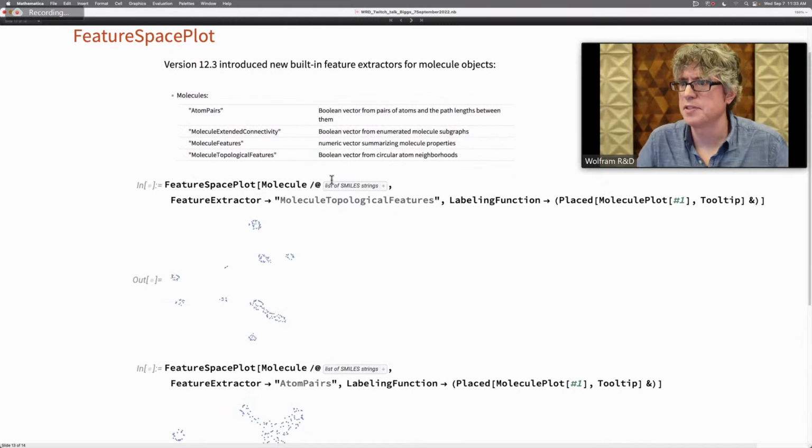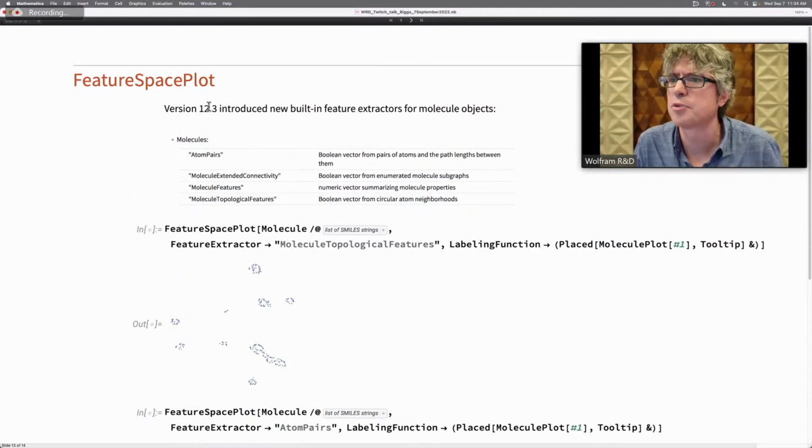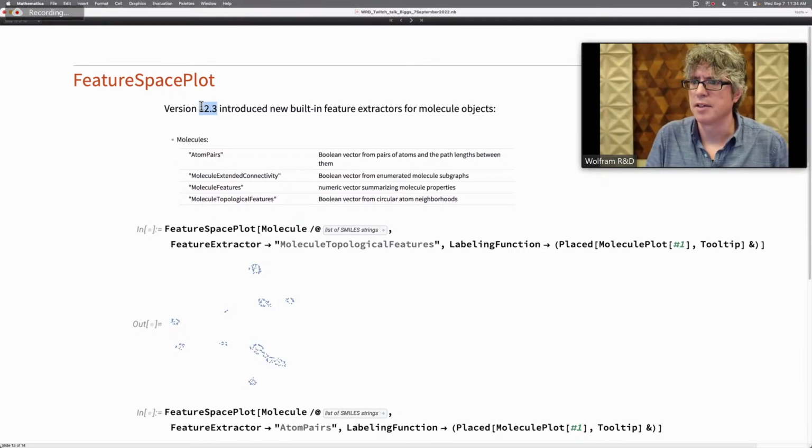All right. This one is fairly interesting. We can do a feature space plot. This was introduced back in version 12.3: these new feature extractors that can take in a molecule and essentially return back a list of ones and zeros. It converts them into a fingerprint, as you will.